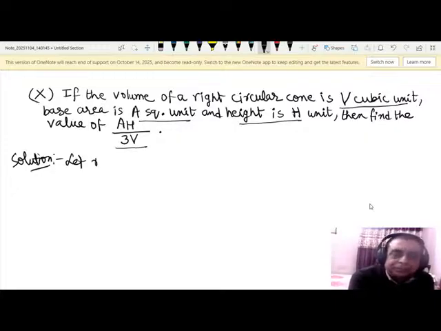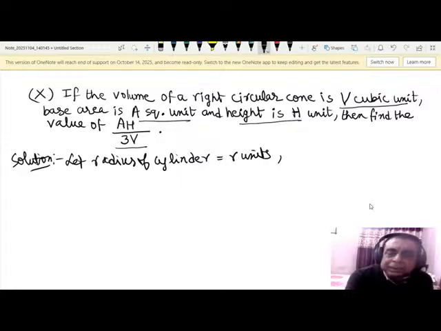Let the radius of the given cylinder be R units, and height is equal to H units, which is given in the question.